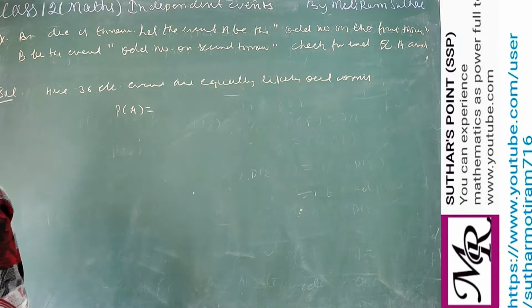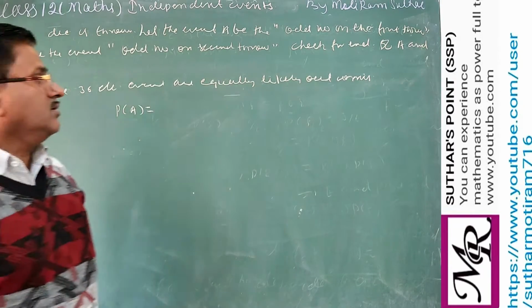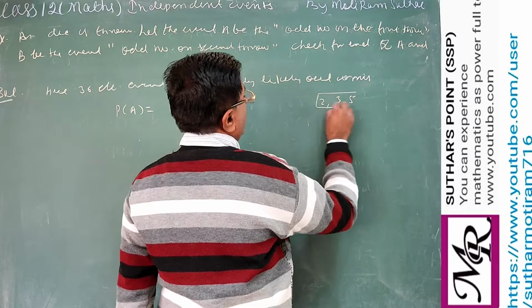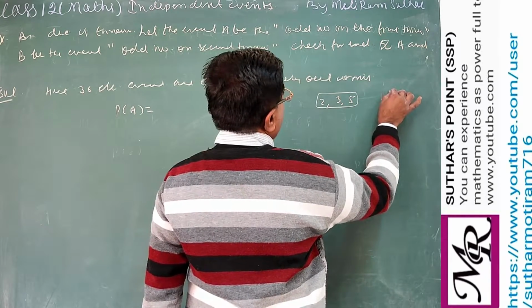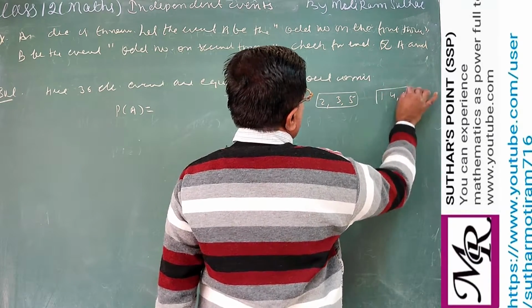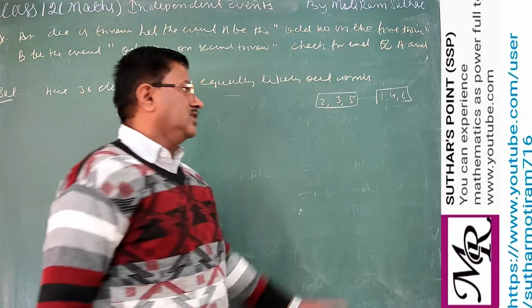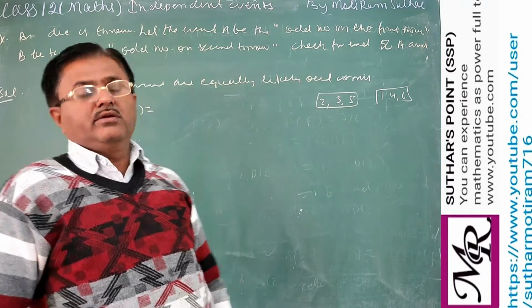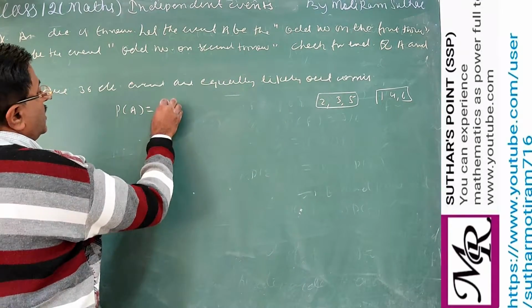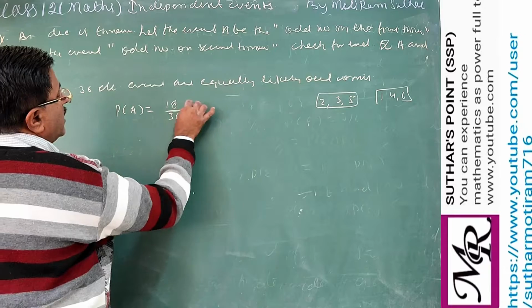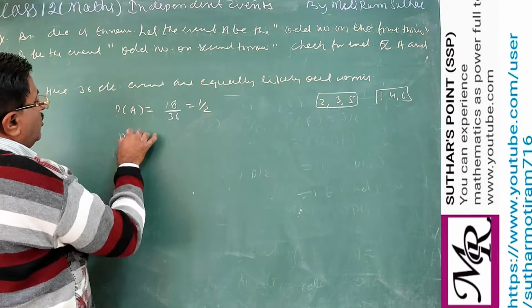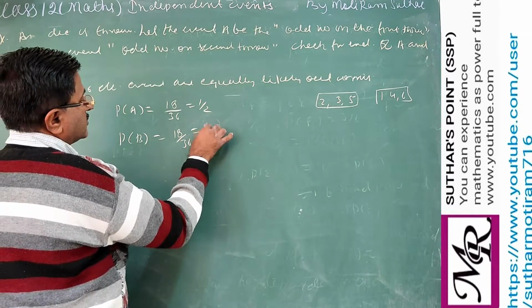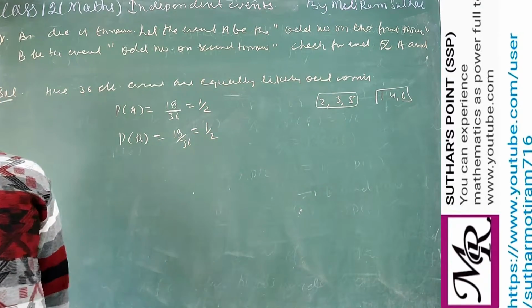Out of 6 there are 3: 1, 3, 5 are odd numbers, and 2, 4, 6 are not odd. So out of 36 there are 18. Similarly, odd number on the second, that is also 18. So each will be 1 by 2.